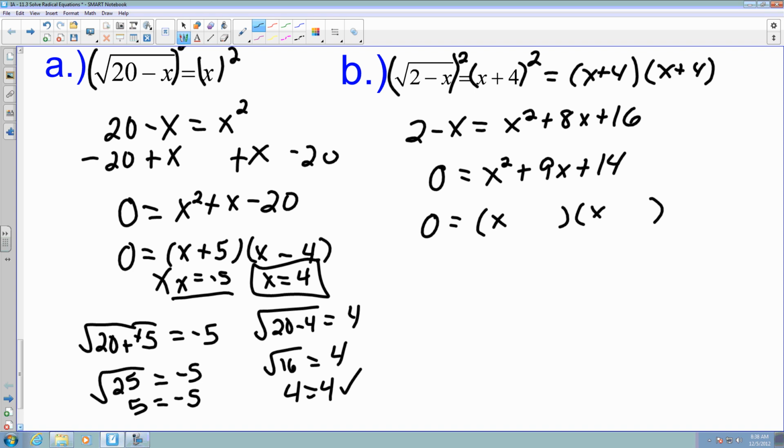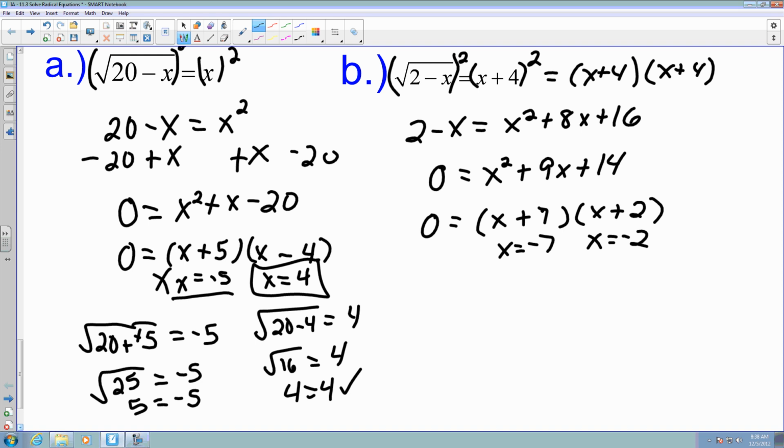And since 14 is positive and 9 is positive, they're both going to be a plus sign here. Two numbers that sum to 9 and have a product of 14 are 7 and 2. And using the zero product property, my x will equal either negative 7 or negative 2.